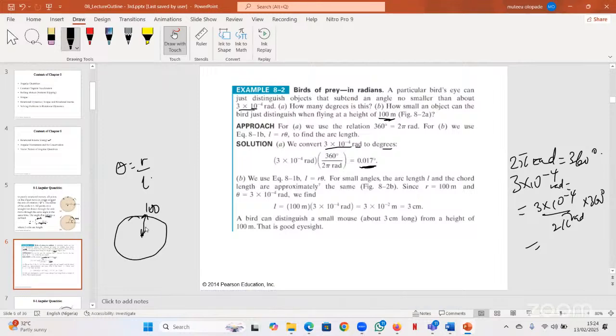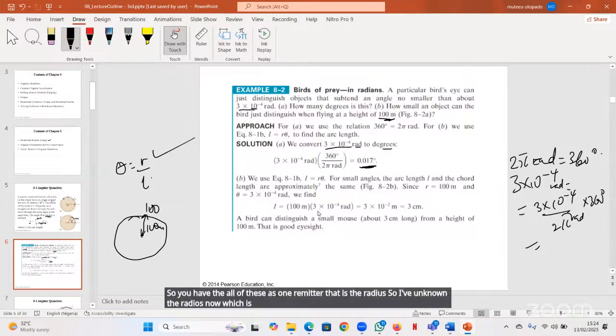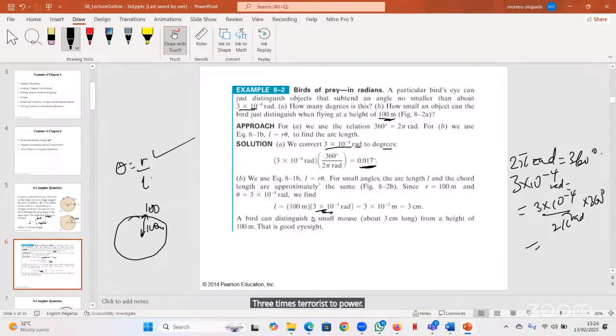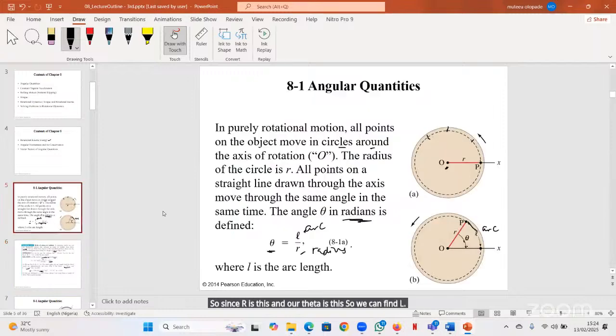So you have the whole of this as 100 meters. That is the radius. So having known the radius, which is 100, we then multiply by this in rad, 3 times 10 raised to power minus 4. So since R is this and our theta is this, we can find L from what we did here.